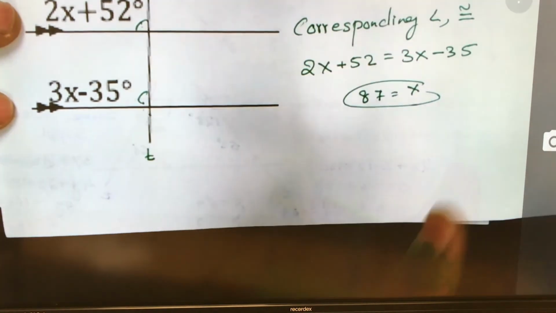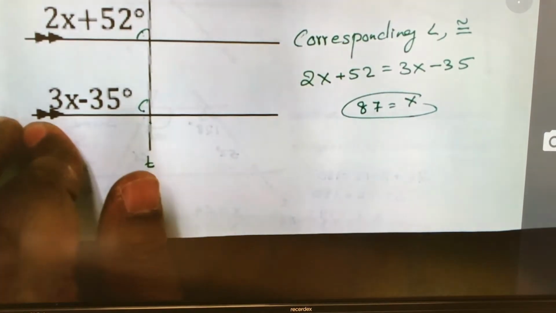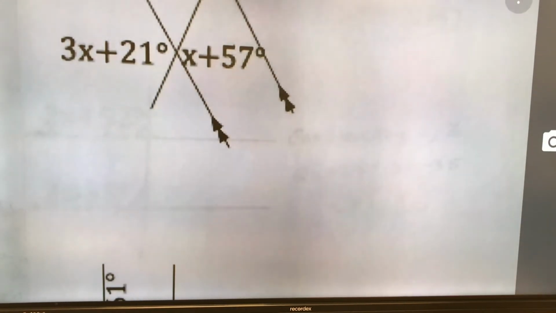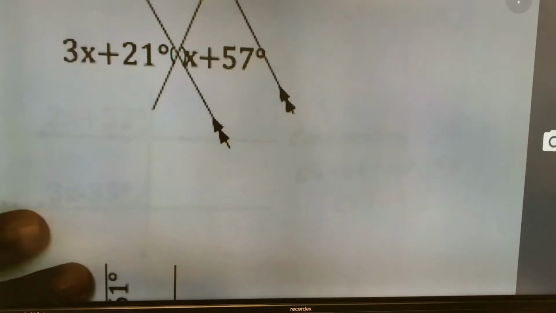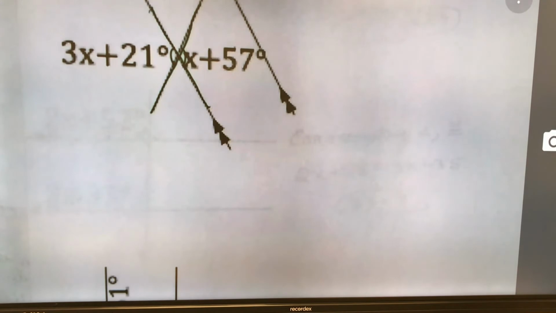Now let's do the next question. So here is the next question. You may be confused about what type of angles they are. When you look here, there are two lines crossing each other. They are on the opposite sides of those crossing lines.